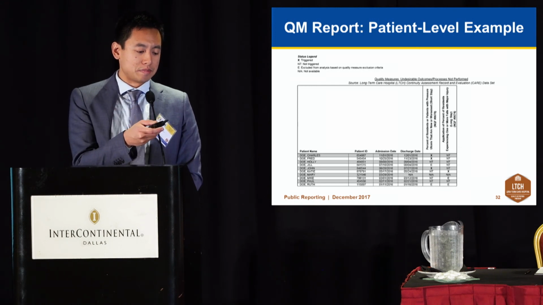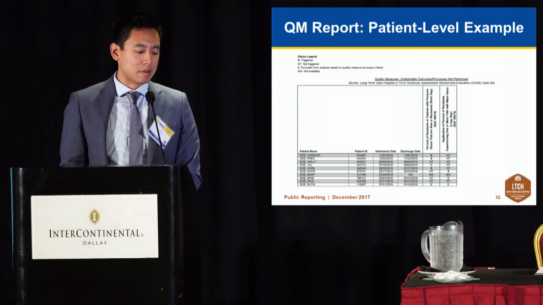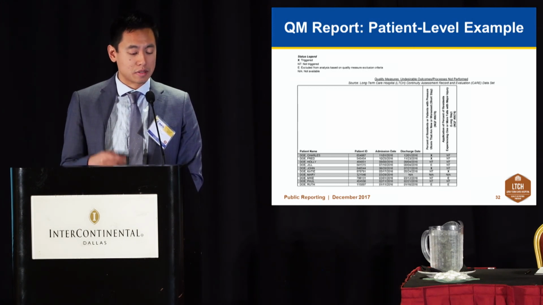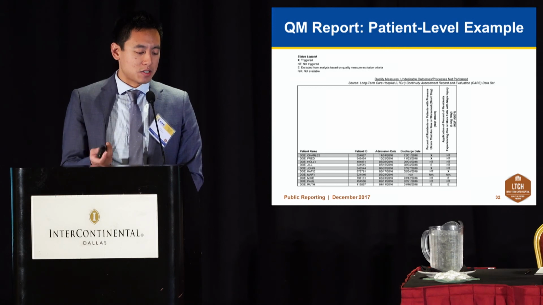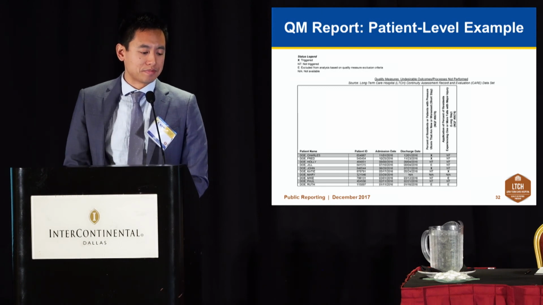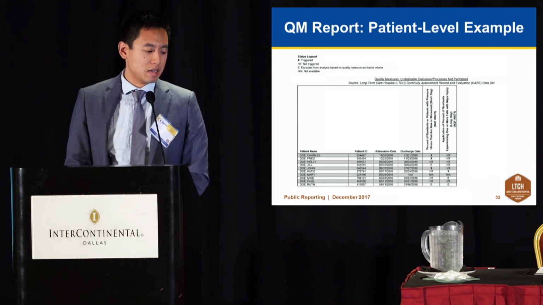So you'll see the bolded X right there, and that patient was included in the numerator and had a new or worsened pressure ulcer. And then NT means not triggered. So for example, Holly Doe did not have a pressure ulcer that was new or worsened.